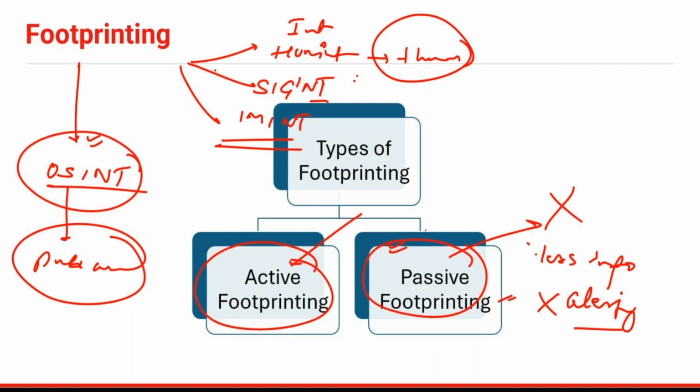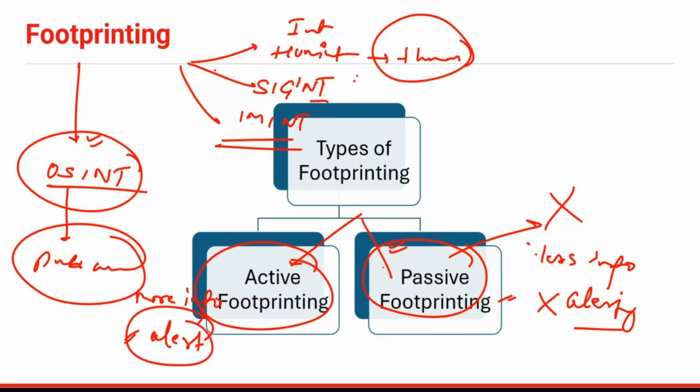On the other hand, with active footprinting, we are interacting with the target and gathering information. Definitely if we interact directly, we could have more information about the target. But everything has risks and pros and cons, so there is a chance that we might alert the target as well. So two types we have, passive and active.